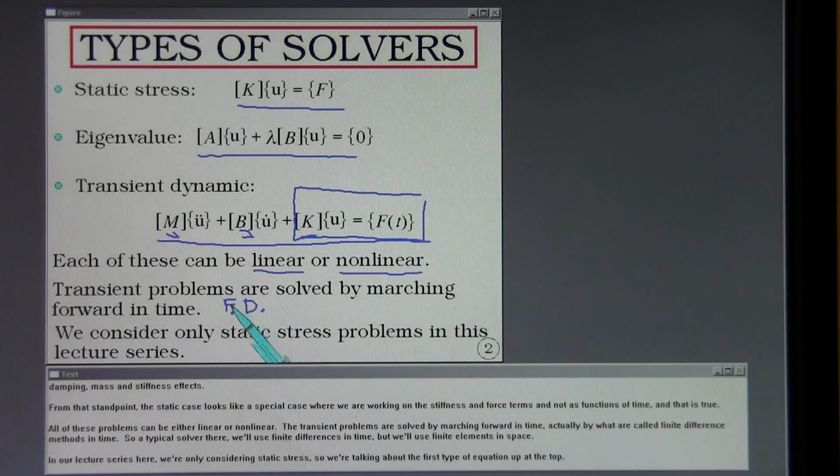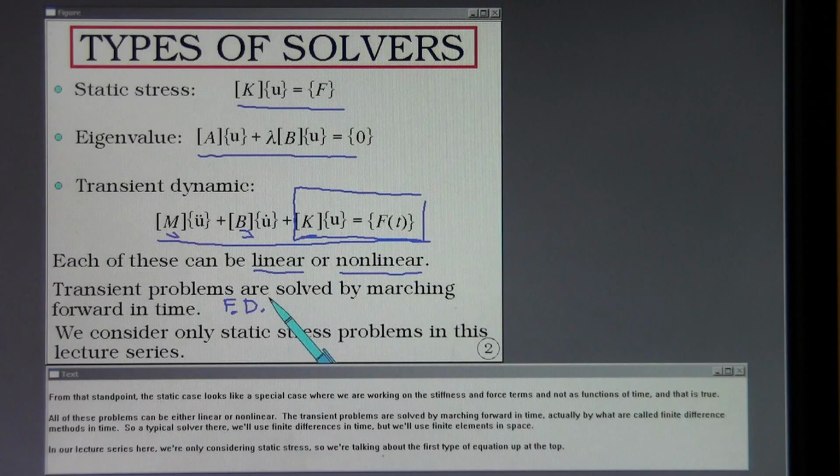So a typical solver there will use finite differences in time, but will use finite elements in space. In our lecture series here, we're only considering static stress, so we're talking about the first type of equation up at the top.